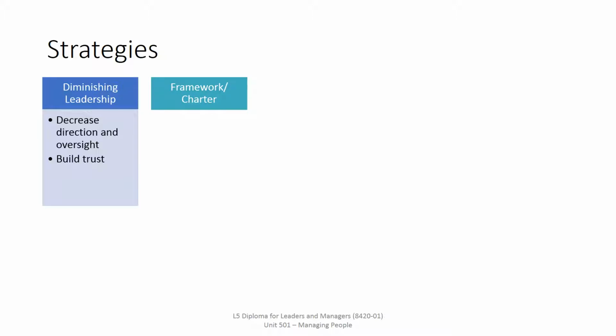The next is something that we've mentioned already briefly, and that's about a framework, or other people call it a charter, that everyone will work to. People think they need consistency, but maybe we need to produce something slightly looser, a framework that they can all work to, adapt for local situations, different cultures or roles. The framework can outline how they're supposed to perform and behave to meet the desired outcomes, their objectives.